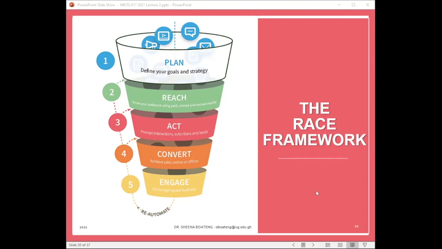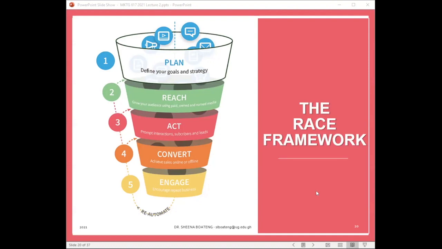So at the act stage, we do not only encourage interactions, we also encourage all activities that lead to getting our prospective customers and current customers to subscribe to certain packages and help us generate enough leads that we can move smoothly to the next stage, which is the convert stage, by converting all these leads that we have gathered into actual sales.